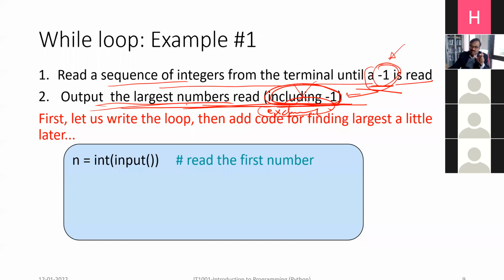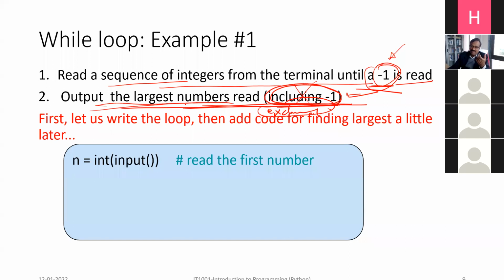5 is not the maximum, because now I have got 5 and 10. So I am going to compare the maximum number, which is currently 5 after the first input, with the number I have just inputted.